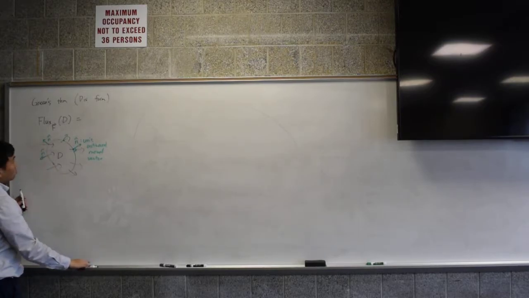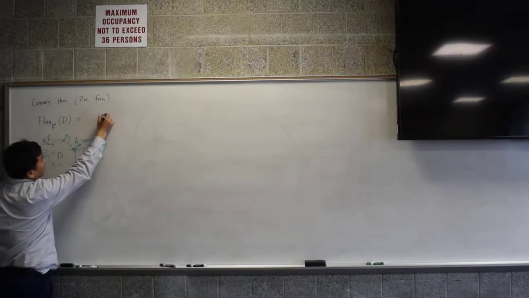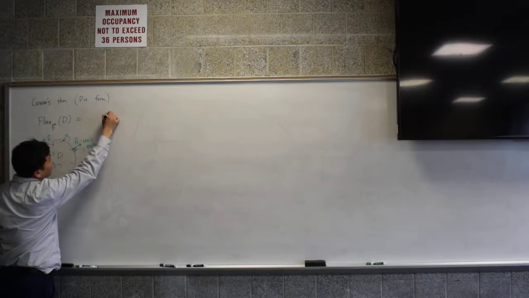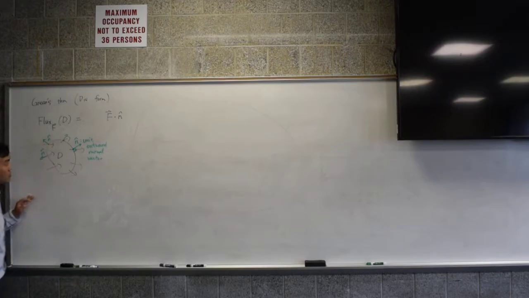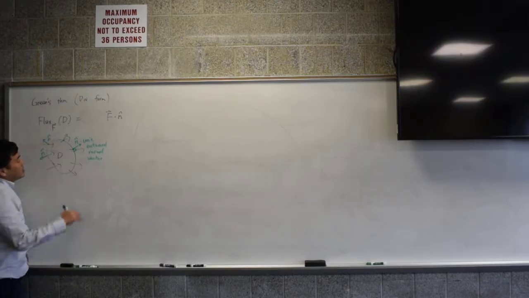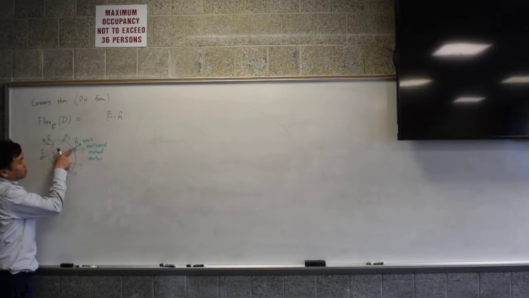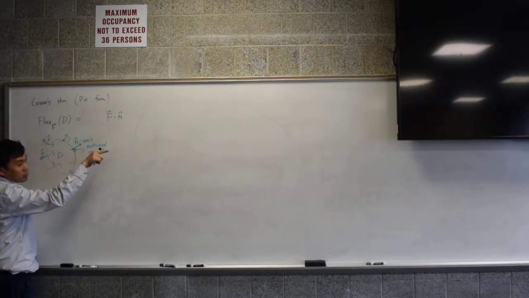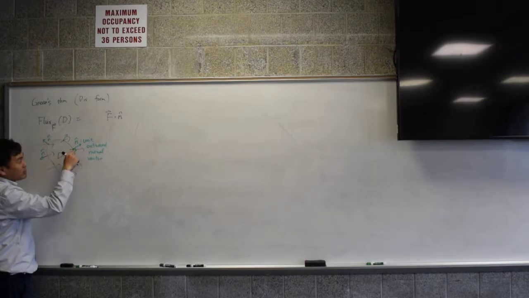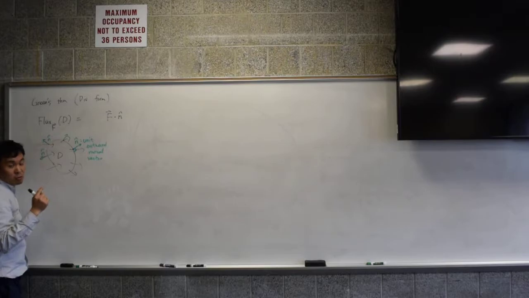And what you do is you take the vector field dotted with the unit outward normal vector. Now let's think about what that means. If the vector field on the boundary is going outward with respect to the domain D, is the angle between the two less than 90 degrees or more than 90 degrees?